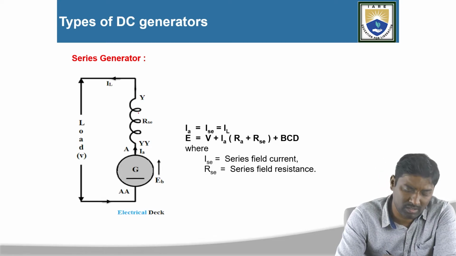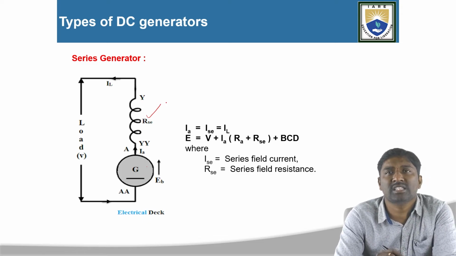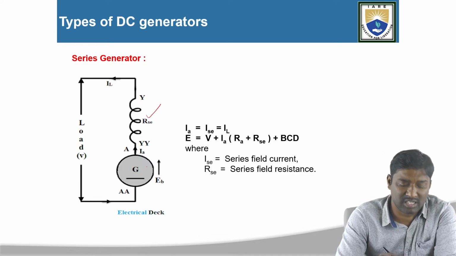In this diagram, this is the series field winding resistance and series field winding, and this is the armature winding. Both are connected in series here. That's why this is called a series generator, DC series generator.